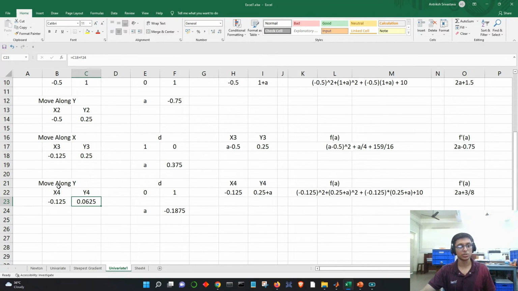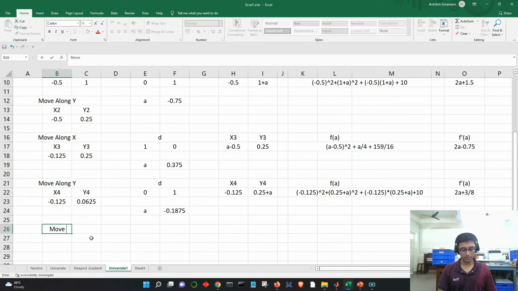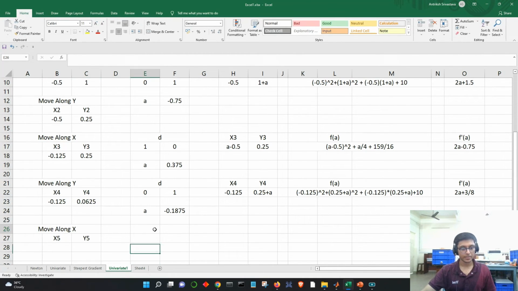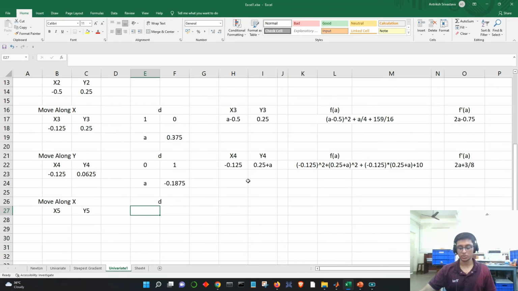Let's just do one more for x, and then I think we will have a pretty close value of x also. So we have x5 and y5. So now again we move in the x direction, so 1 and 0. So x5 and y5 will be written with y we will leave as it is.